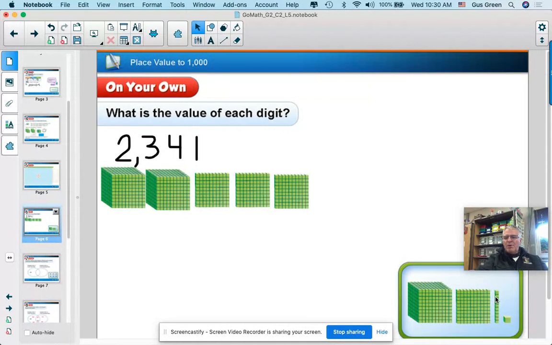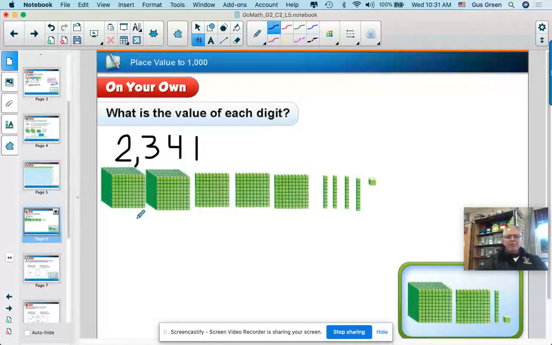And then 4 tens will look like this. 2,000, 300s, 4 tens, and 1 one. So it's similar to what we did yesterday, but now we've added the next place value, which is the thousands.